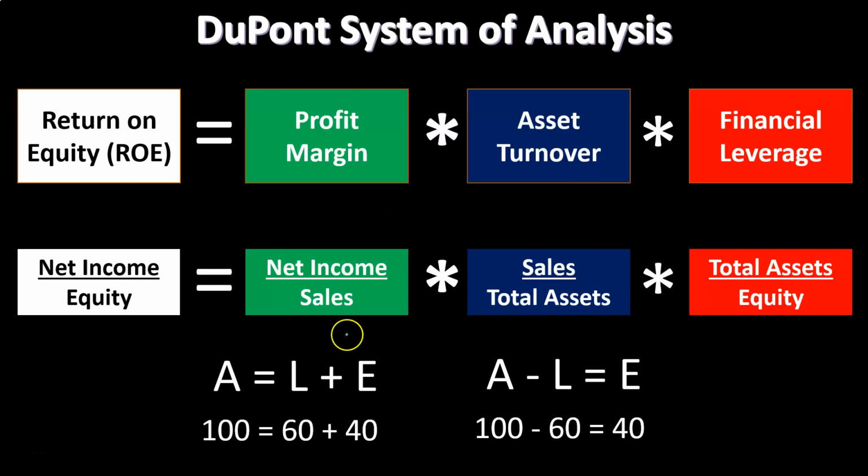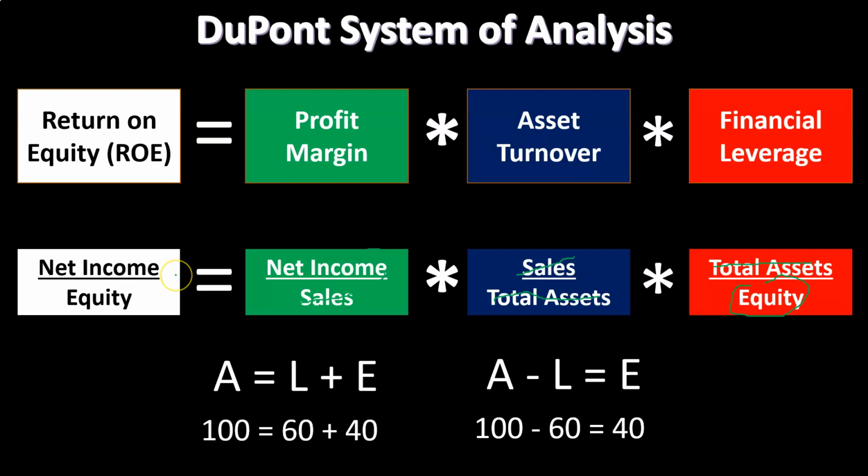So now mathematically, you can see that if we multiply these three together, it's going to equal net income over equity, because if you were to cancel these items out, you'd be canceling the sales, and you'd be canceling the total assets, being left with net income over equity, and net income over equity is the same as the return on equity.